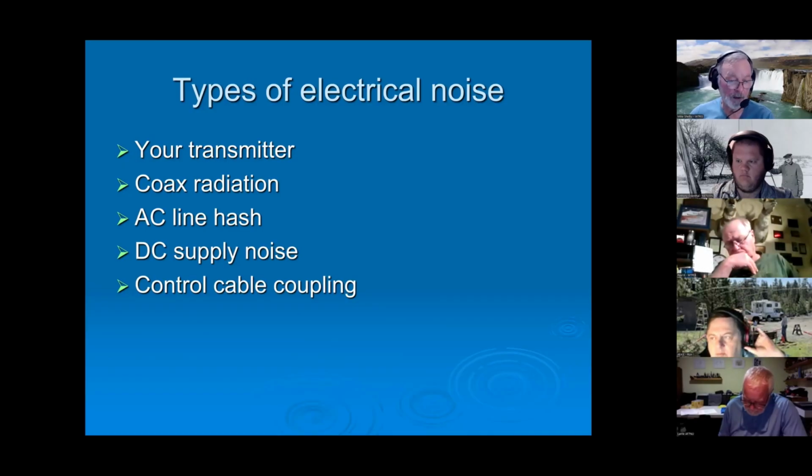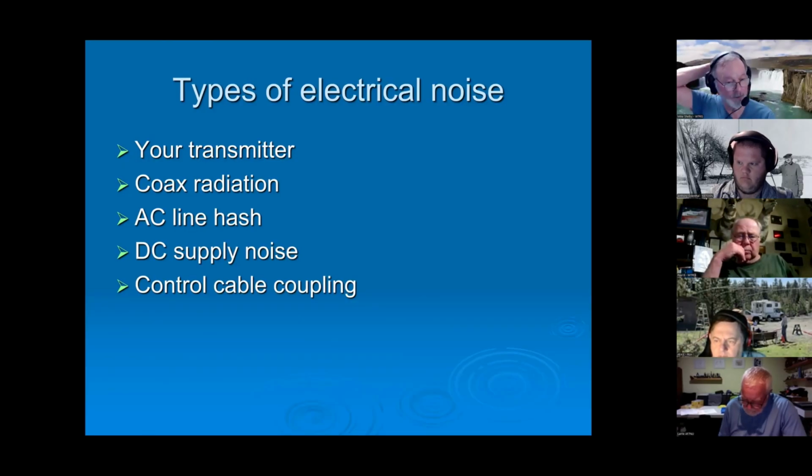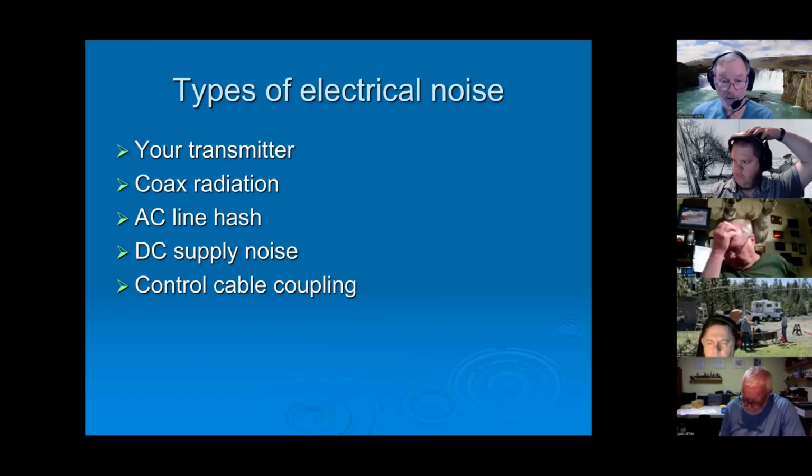We also have times where your AC line coming in can have hash and noise on it from other industrial entities that may be dumping some bad stuff onto your electrical system. Also, there are times where you can be the source dumping RFI onto your AC in your house, and it gets reflected onto other pieces of equipment like your telephone.